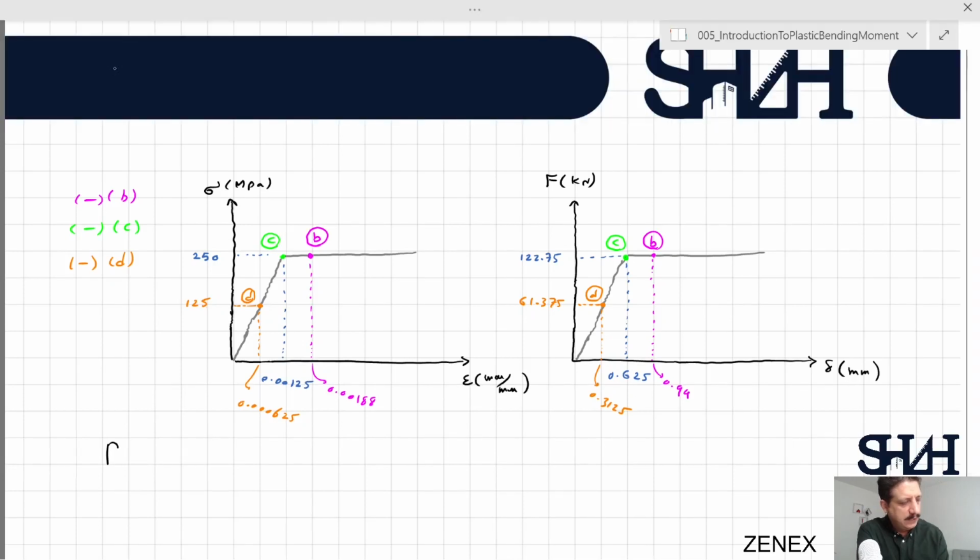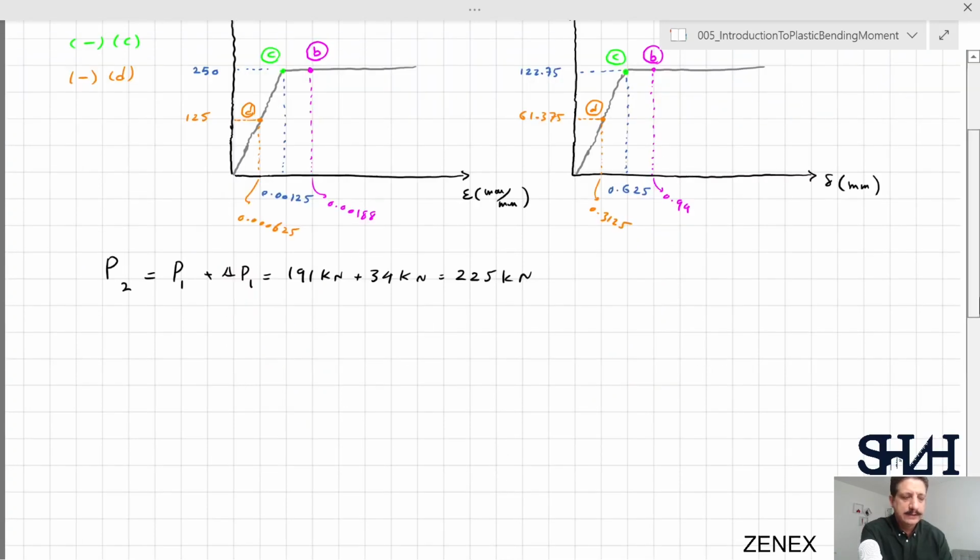So P2 is going to be P1 plus delta P1, 191 kilonewton plus 34 kilonewton. So it will be 225 kilonewton. And we can see that in our graph, B and C now are in their maximum yielding limit.